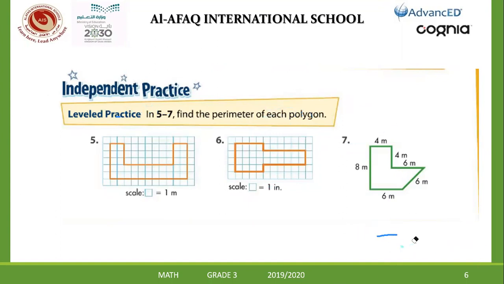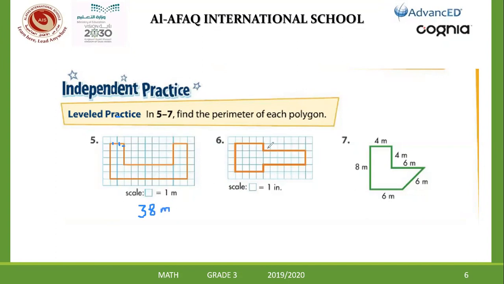As we know, if the shape is drawn on a grid, we can find the perimeter by counting all the unit segments. By counting all the unit segments that make this figure, from the beginning to the end, you will find it is 38. You take the same unit from the scale, so it is 38 meters.